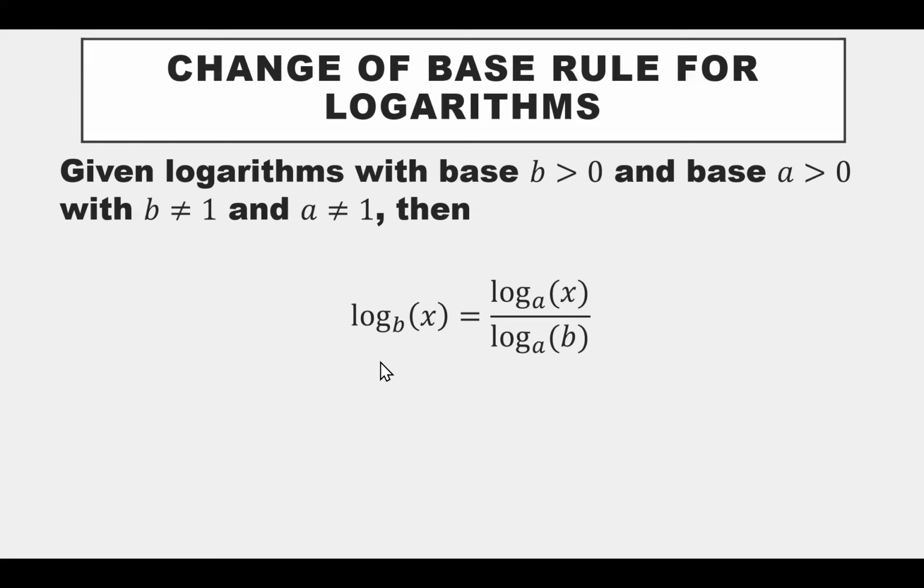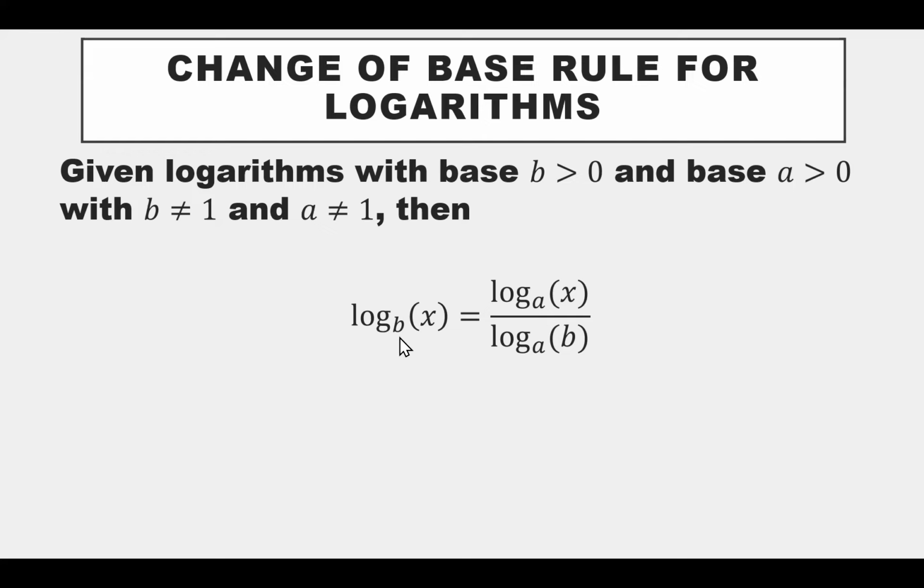So this is called the change of base rule for logarithms. And this allows me to do a lot of calculations with logs using an efficient way on our calculator. Because our calculator has log base e, which is the natural log, it also has log base 10, which is the LOG button on the calculator.